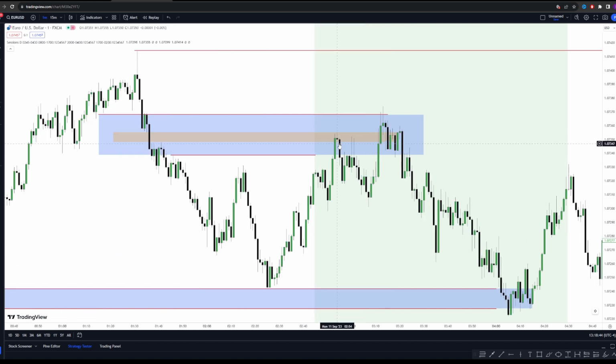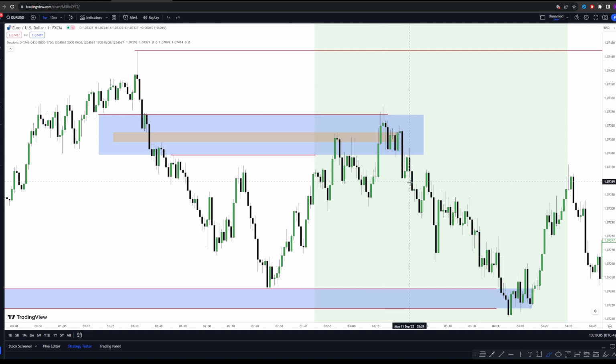Now, the market trades into it, moves away. Does it provide a market structure shift with displacement? I would say no. We don't really displace. We hold bullish order flow here and we propel higher. Now at this point, we try for higher.